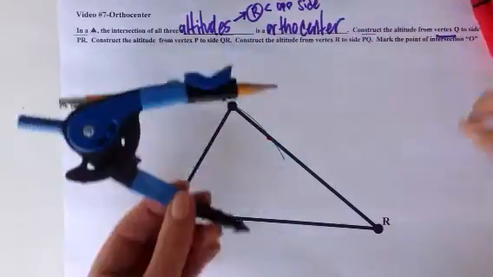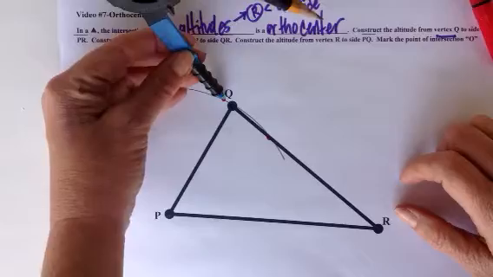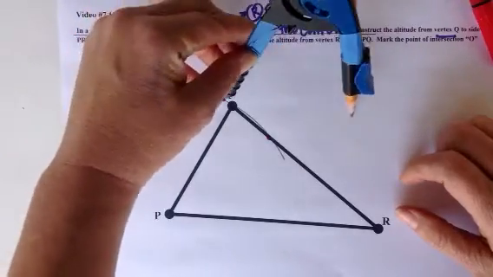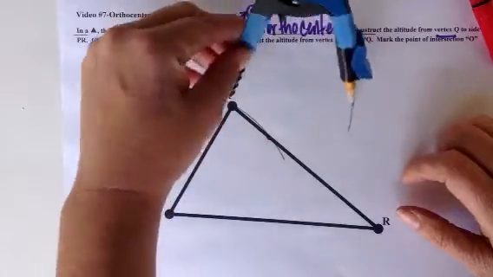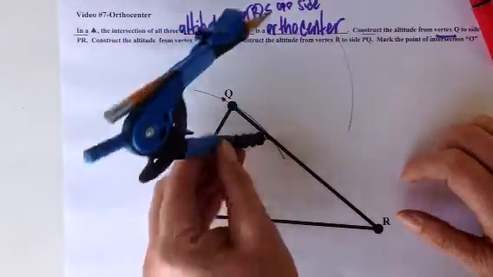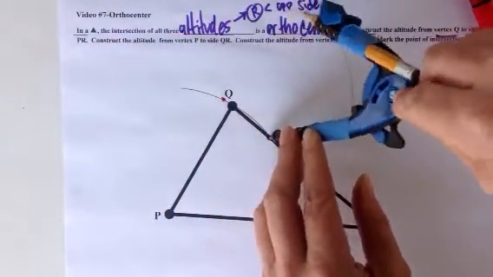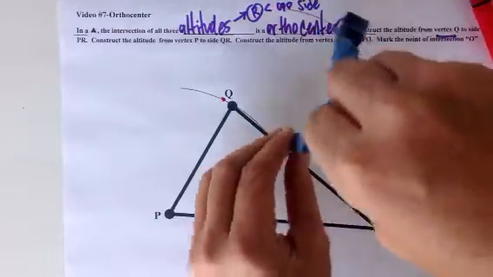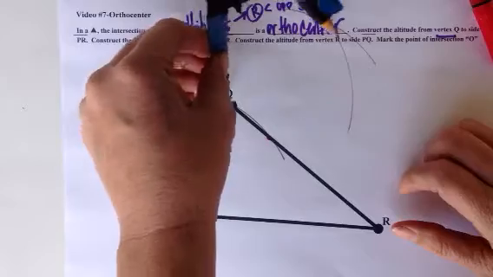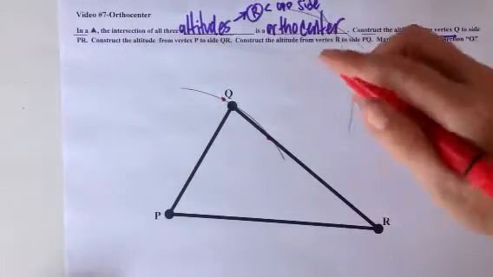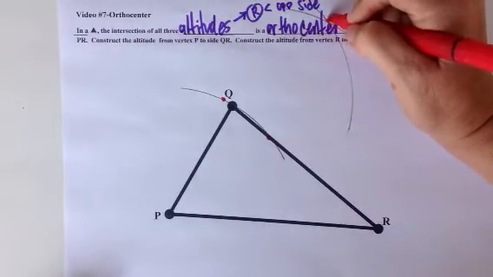Now, keep that same compass distance. And now from this point of intersection, you're going to do a sweep. This point of intersection, you're going to do a sweep. And look, we're almost right at the top of the paper. So your point of intersection's way out here.